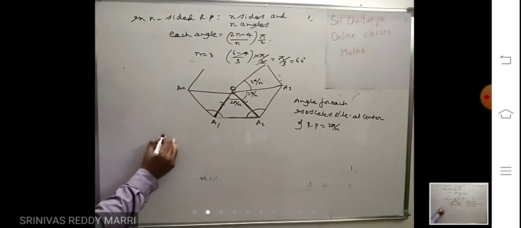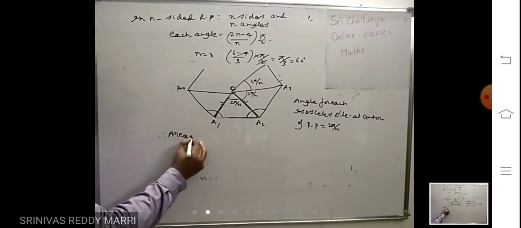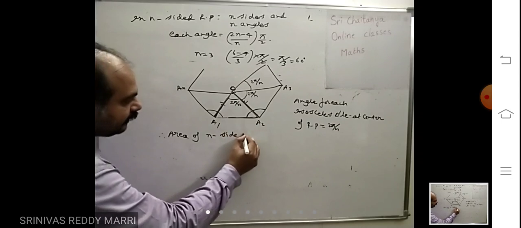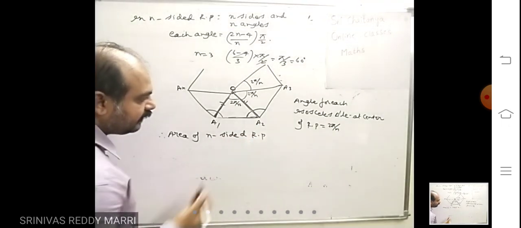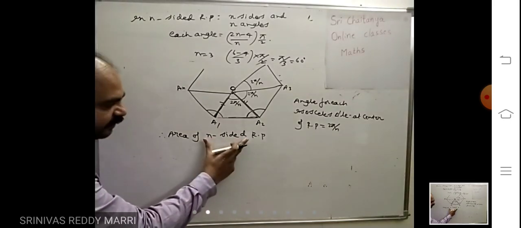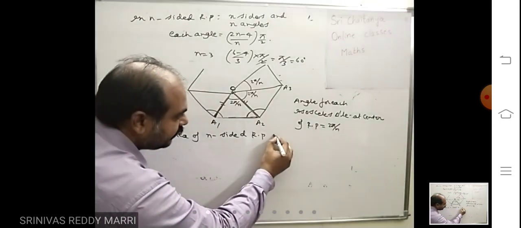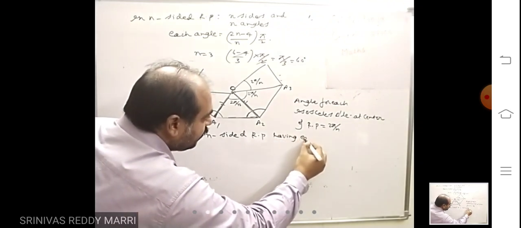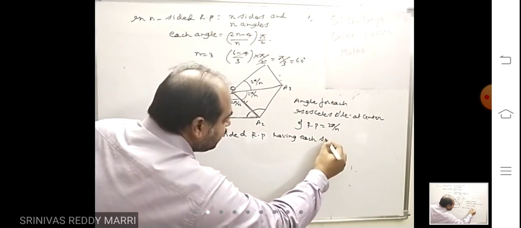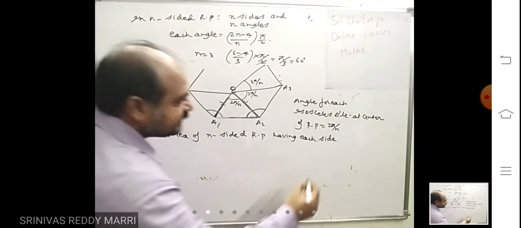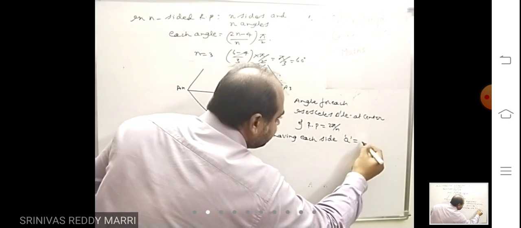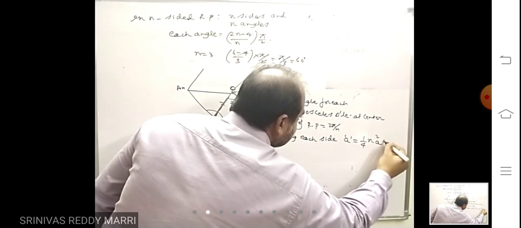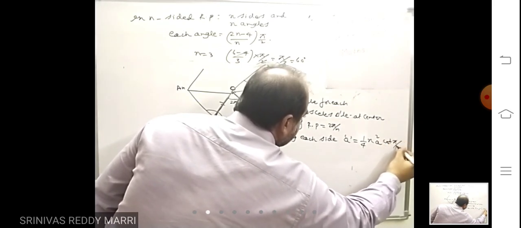Now look at here, area. The formula for the area of an n-sided regular polygon having each side a, all the sides being equal, is 1 by 4 n a square cot pi by n.